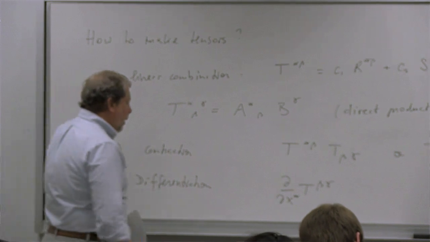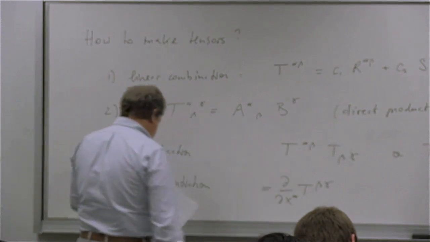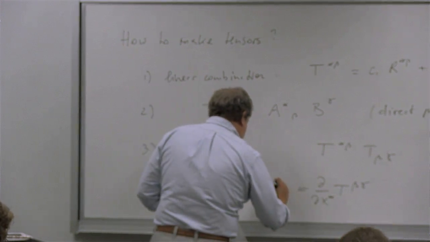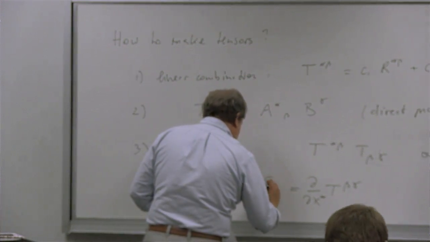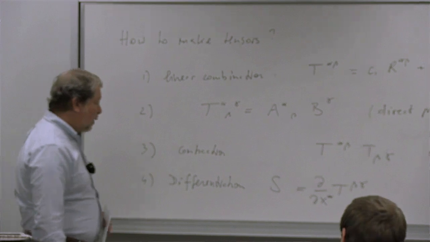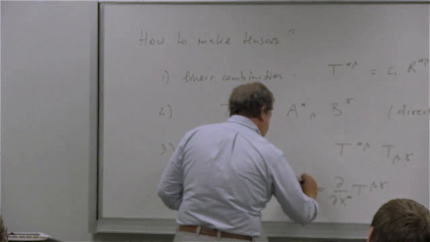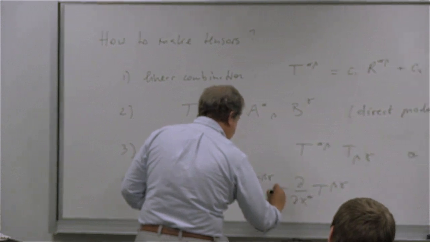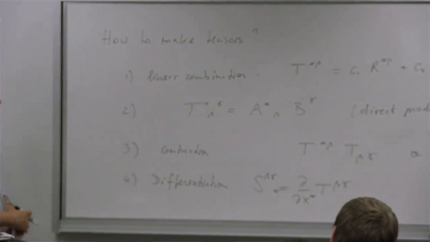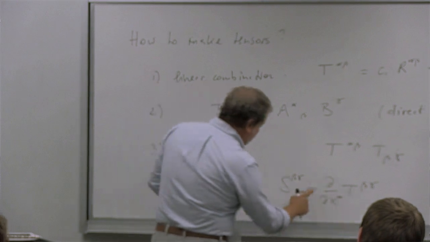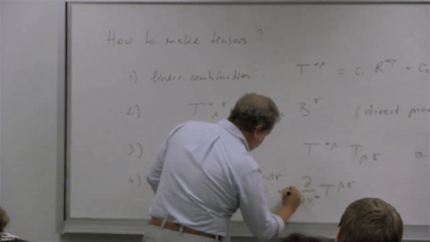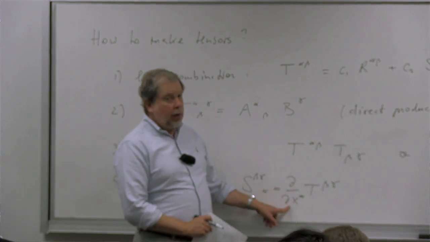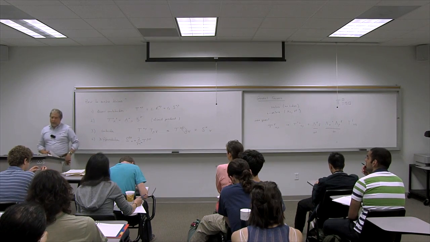This will give us a new object, which we can call by the same name, but it would perhaps be better to use a different name, S, which has an index beta and an index gamma upstairs, and an index alpha downstairs. This will also be a tensor, because we're assuming that T is a tensor, and we know that the derivative is also a tensor.